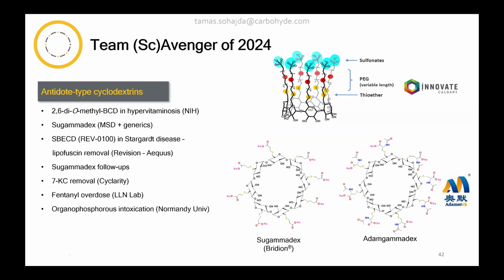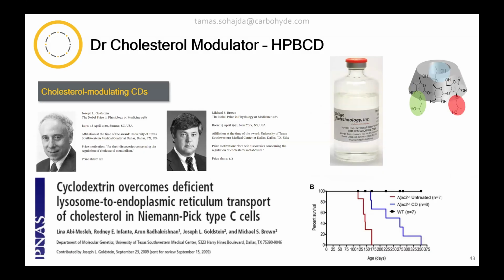It's just a different molecule, but does the same. But there are different aims. For example, for fentanyl overdose, they are using another type of cyclodextrin, and so on. The other part was the cholesterol modulators, and this story starts with HPBCD.